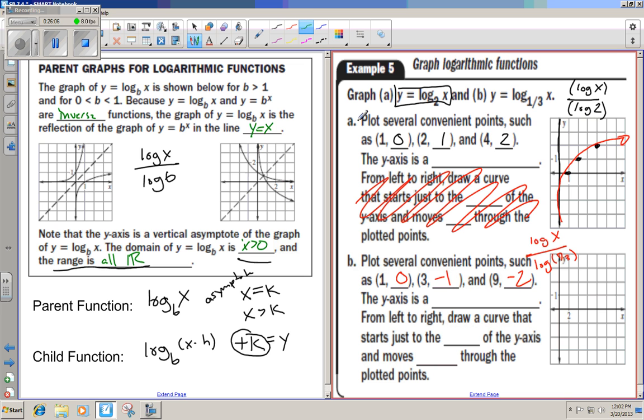You're going to plot those points, and you're going to end up with a graph that has an asymptote of 0 still, and looks like that.